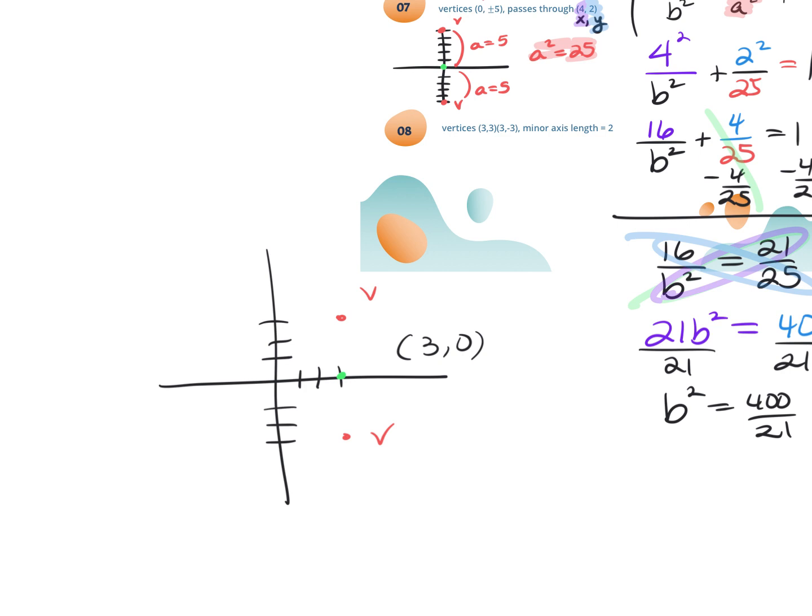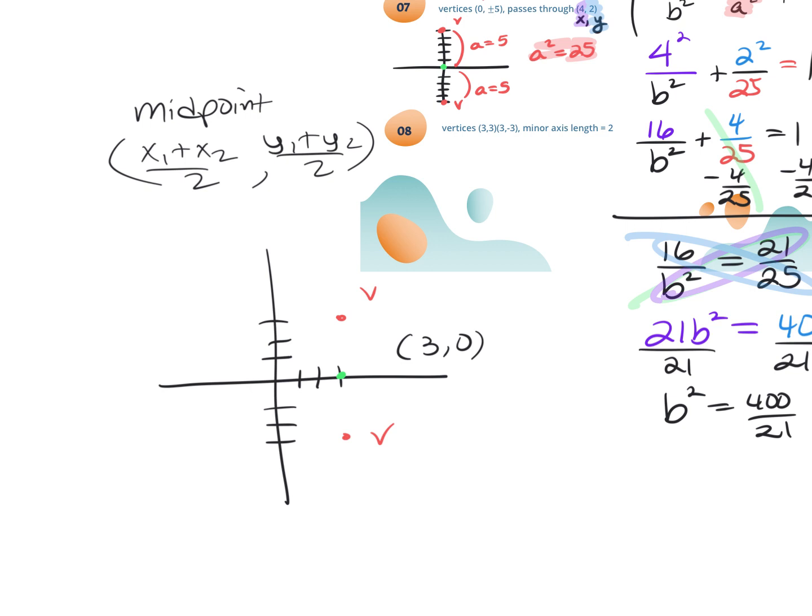Now, if you don't give yourself the visual, I could also have done the midpoint. Your midpoint formula is adding the x's and dividing by 2, and then adding the y's and dividing by 2. And that gives you the ordered pair of the midpoint. Do we have to use the midpoint formula on the test? Either that or you're going to graph it and then find the middle of the two vertices or the middle of the two focus points.